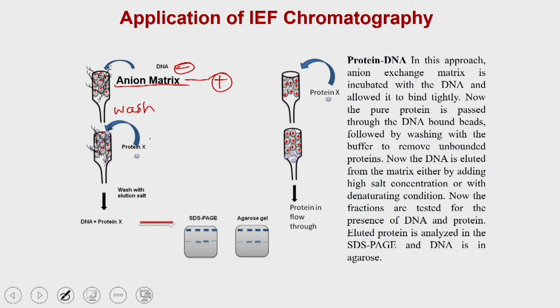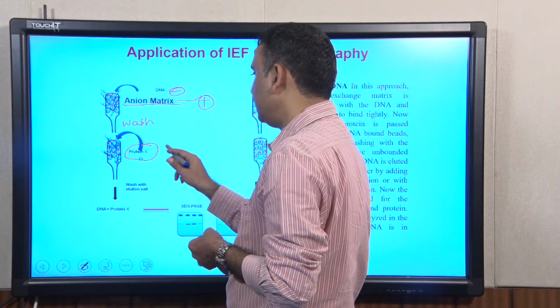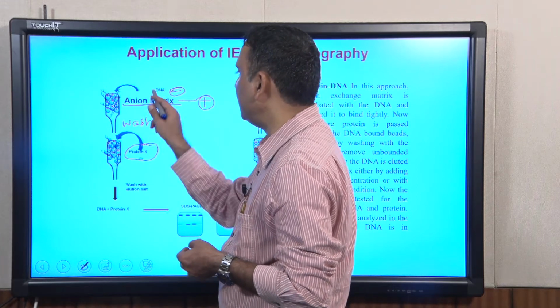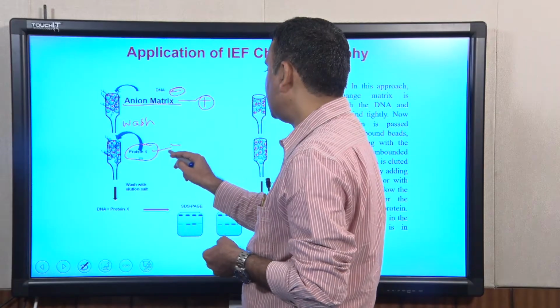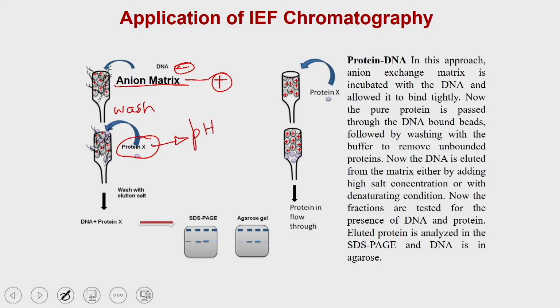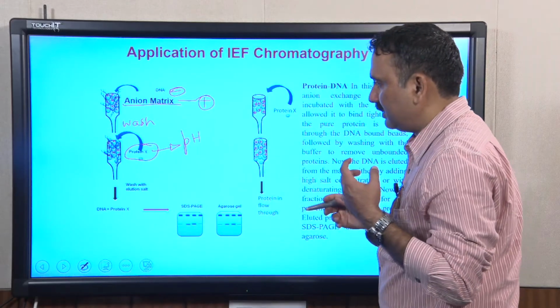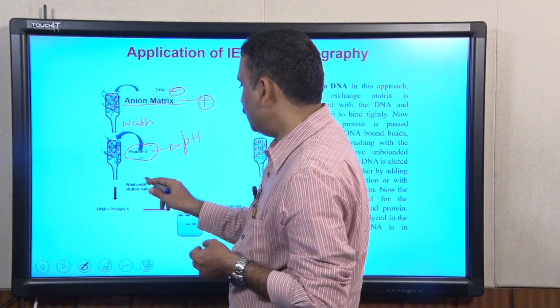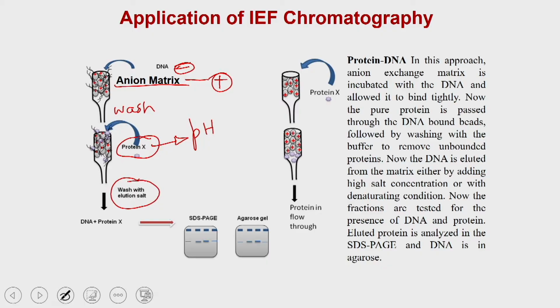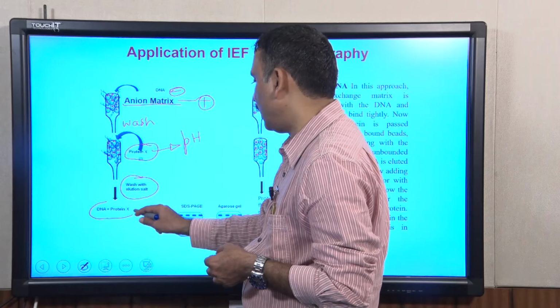If this protein has an interaction with the DNA, it is going to bind the DNA instead of the matrix, because this protein should not have affinity for the anion matrix at this pH. You can optimize the pH in such a way that the protein will not bind the anion matrix, and now you can elute this whole complex with the help of a salt. When you do so, the DNA and protein complexes will be removed.